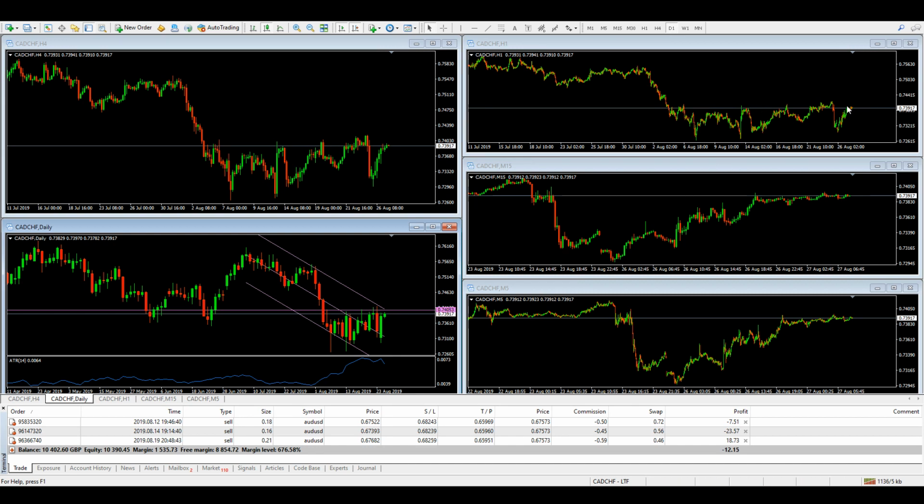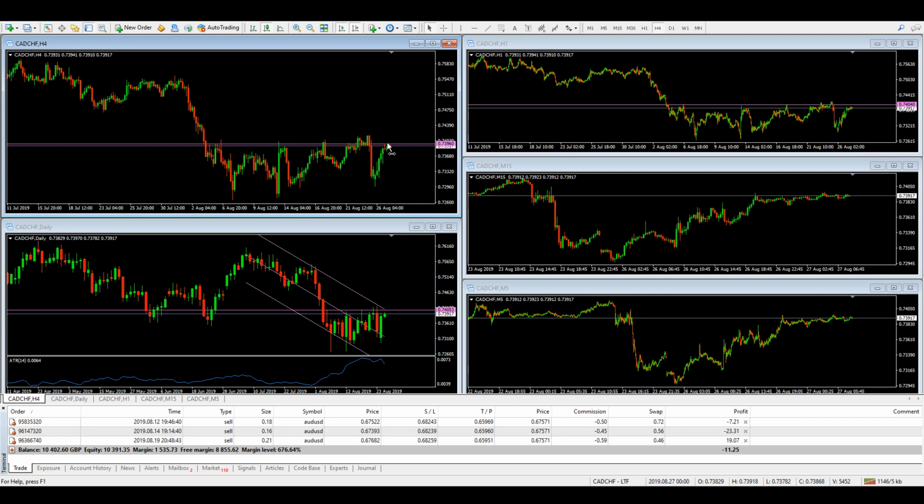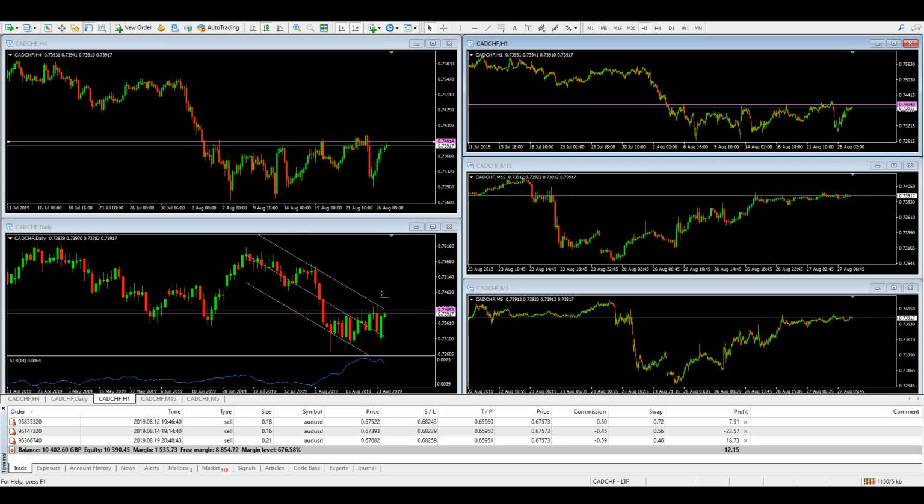It's having trouble on all the time frames, kind of beating that resistance. So if we look on the hourly, this level here, clear areas of resistance, and that's good in terms of how you can structure where your stop's going to be, because if we know that the price has, on various time frames, clearly struggled to get through a level, then you want to have your stop above that level.